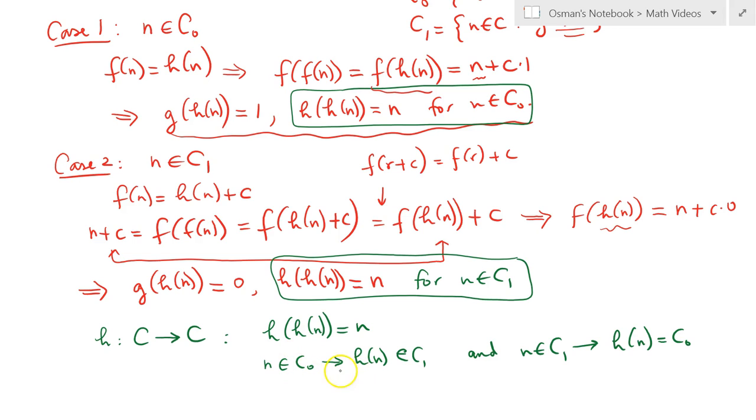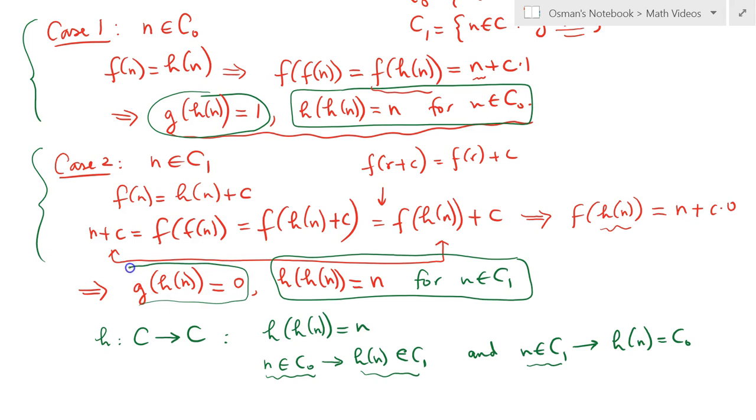Let me remind you again where we got this. Remember that when n is in C0, which is case 1, we realize that h of n is in C1 because look at the value of g. In that case, it's 1, so it ends up being in C1. And when n is in C1, which is the second case, it turns out that g of h of n is 0, which means h of n is now in C0. So h of n is equal to n for n in C.